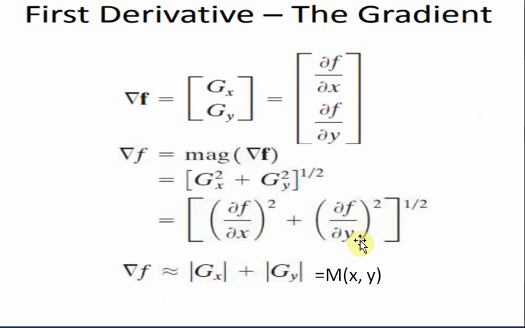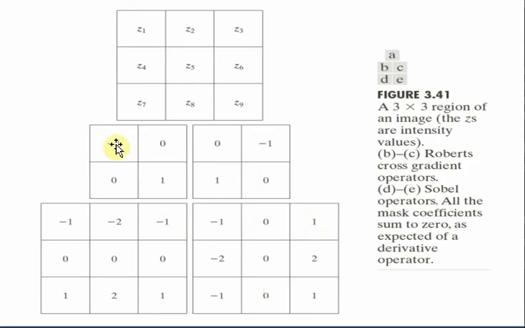So if you add these two, there are two different differentiations, right? One for x, another one for y. This one is for x and this one is for y. So we should develop two masks here, one along the x direction, one along the y direction.